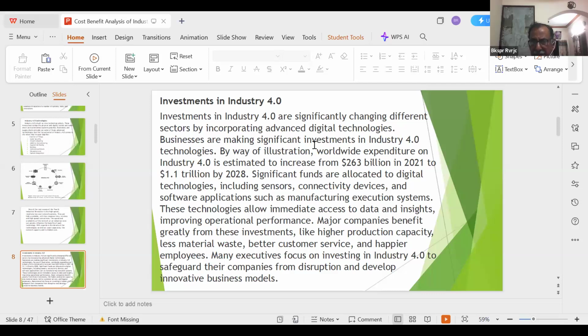Major companies generally benefit from these investments, like higher production capacity, less material wastage, better customer service, and happier employees. Many executives focus on investing in Industry 4.0 to safeguard their companies from disruption and develop innovative business models.